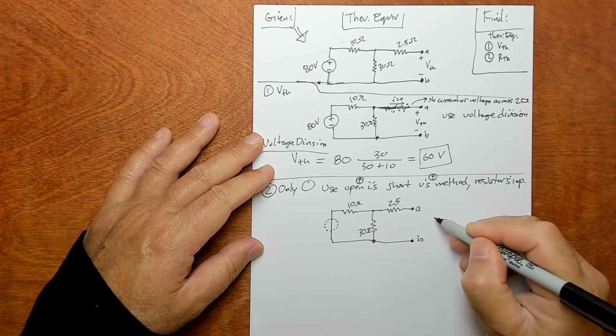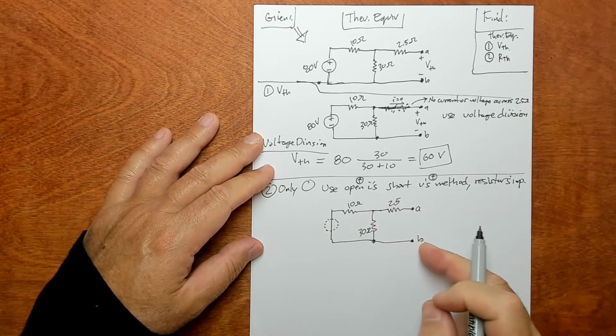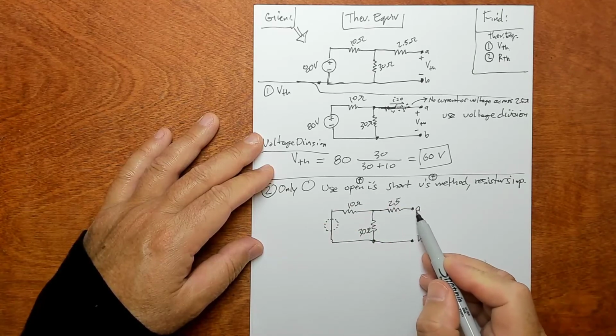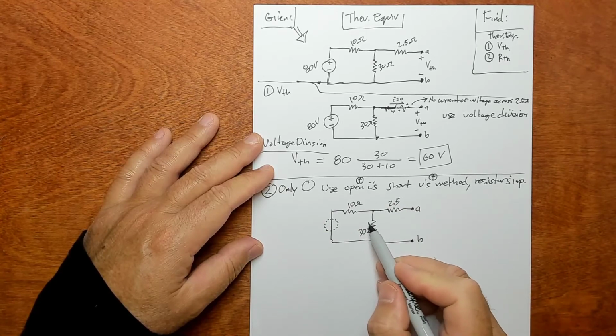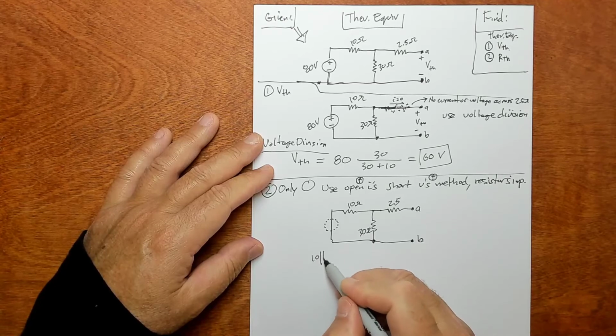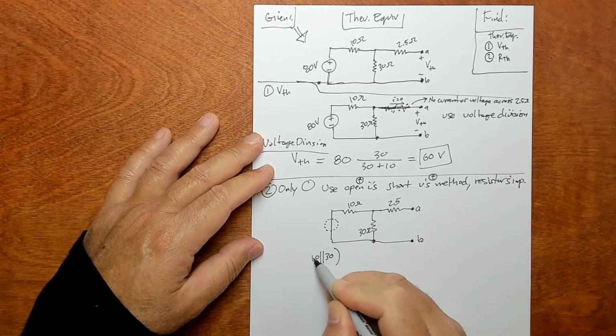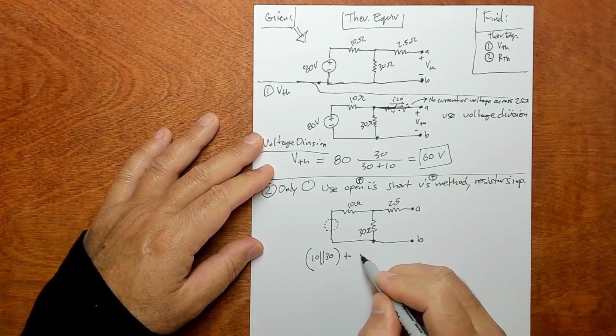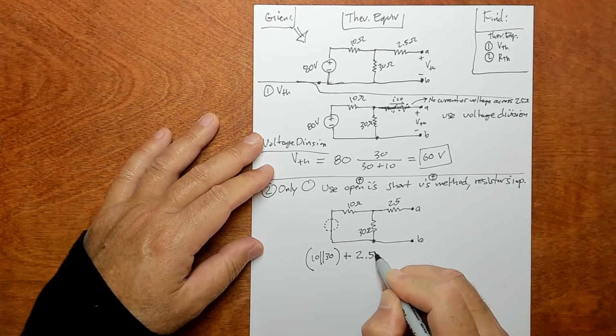So R sub Thevenin is the equivalent resistance seen from AB, and that would just be, these two guys are in parallel, you see? So the 10 is in parallel with 30, and that result is in series with the 2.5, right?